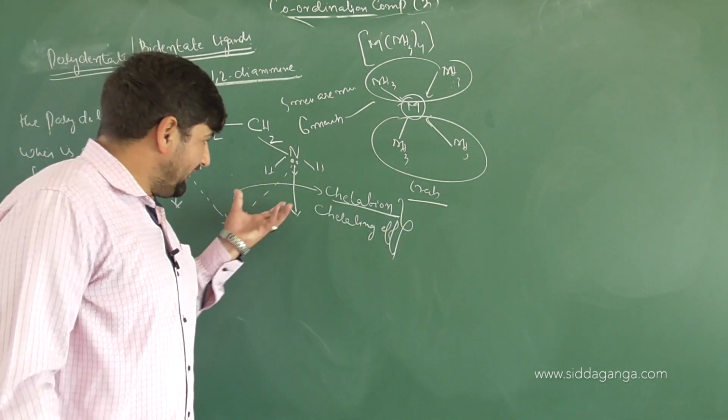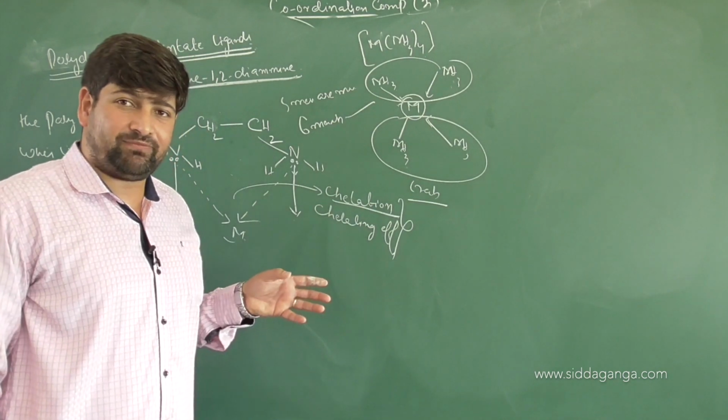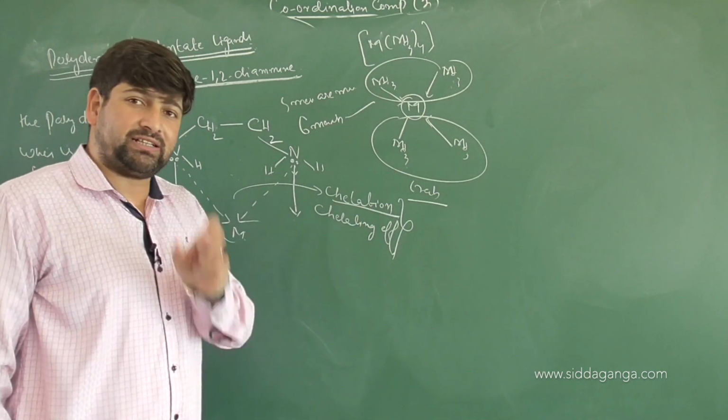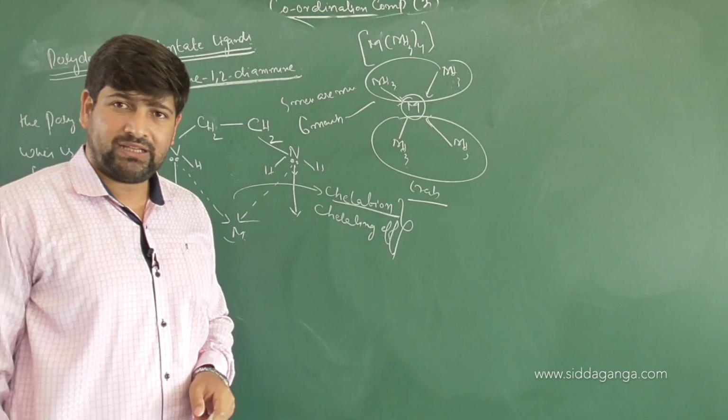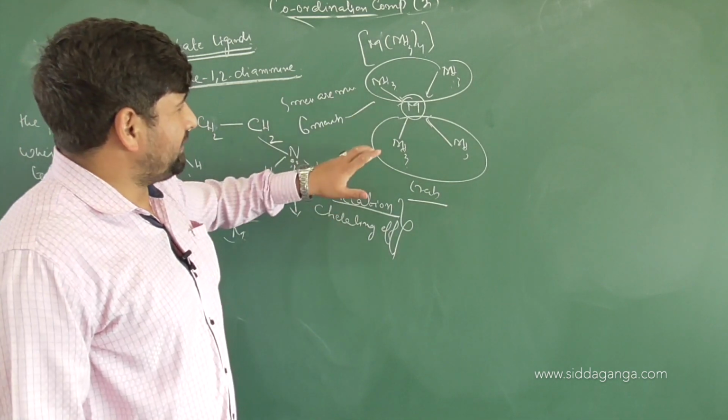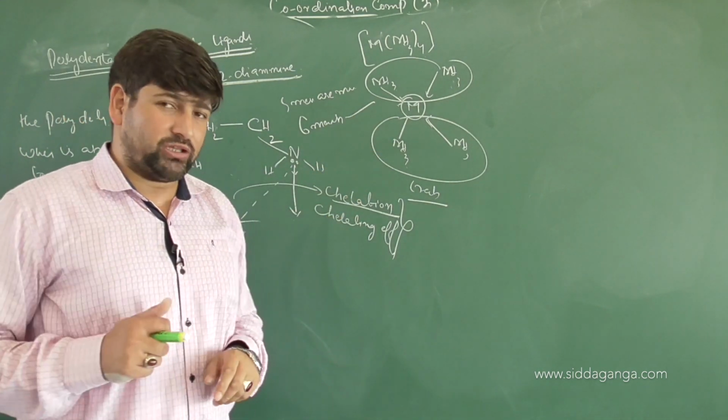If you have 2 ligands given, both bringing the chelating effect, which of the 2 is more stabilizing? The one which will create more rings. Am I clear?